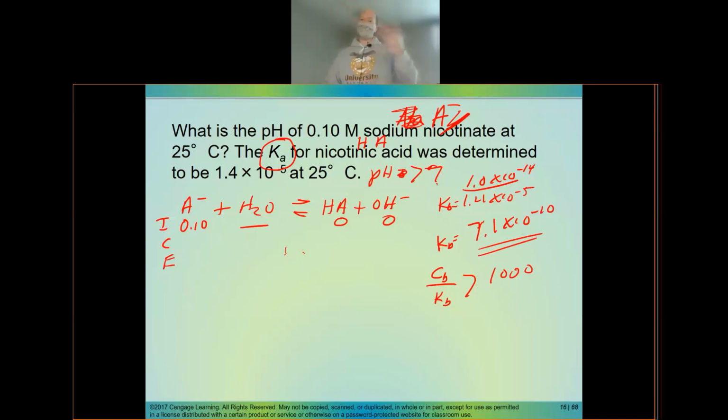Bring it up to the numerator, 10 to the 10th. You're talking billions. It's way larger than 1,000. So 0.1 divided by 7.1 times 10 to the minus 10 is a giant number.